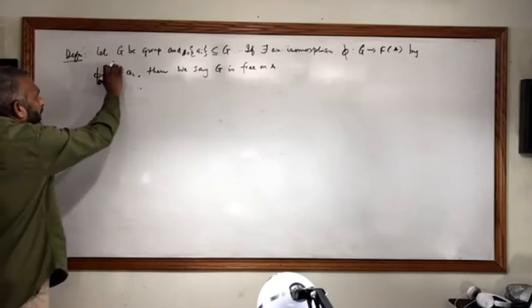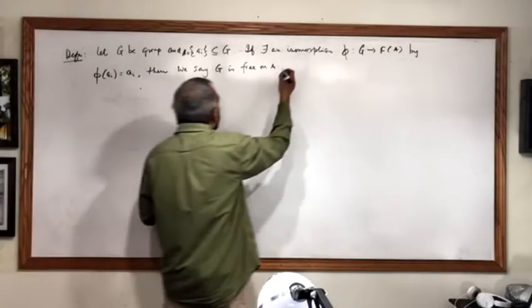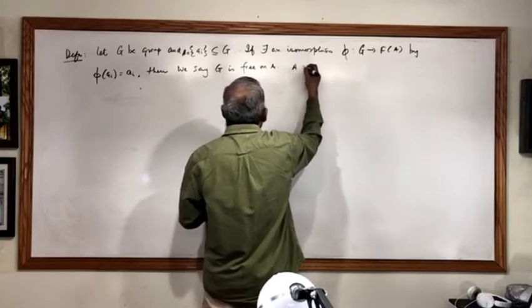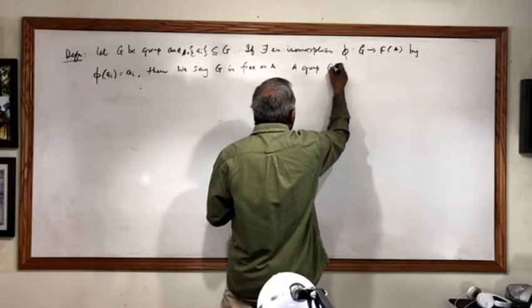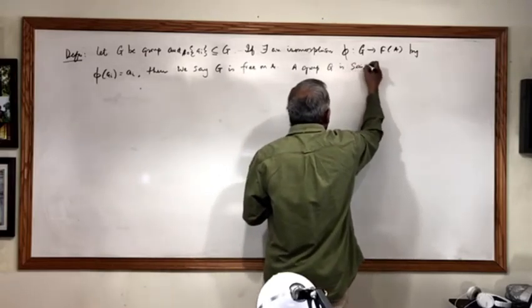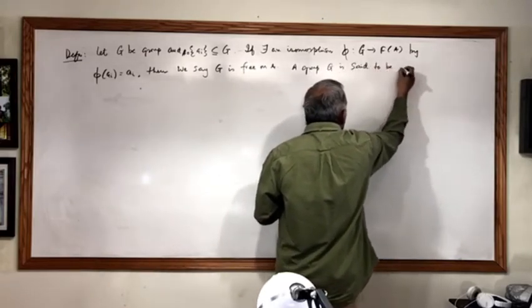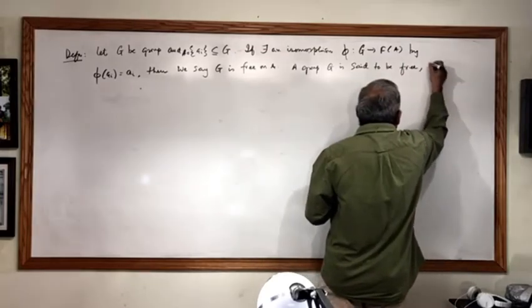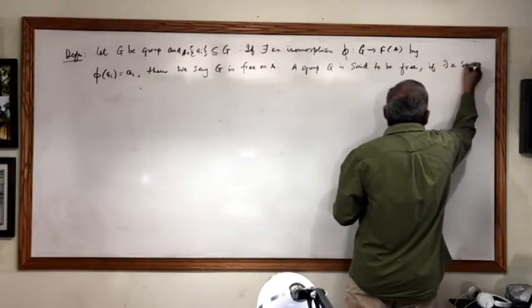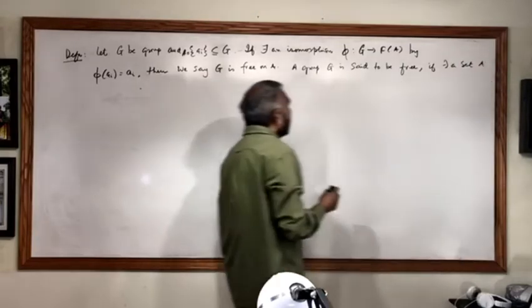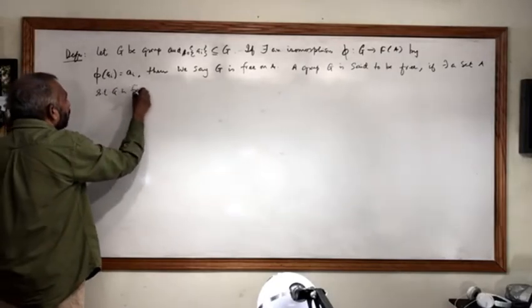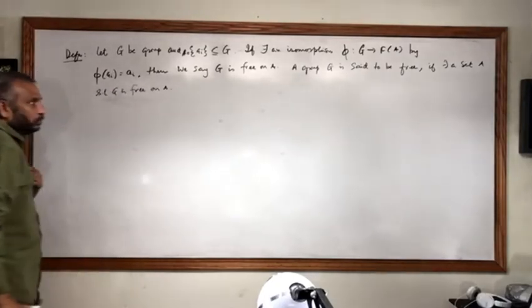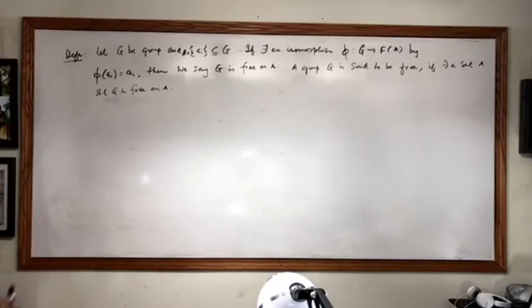Here we are defining in a different way, and a group G is said to be free if there exists a set A such that G is free on A. A different way of telling the same thing.